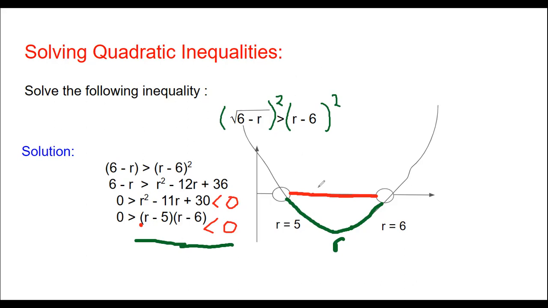All right. So from this, we can see here that r is greater than 5, 5 is not included, and less than 6, 6 is not included.